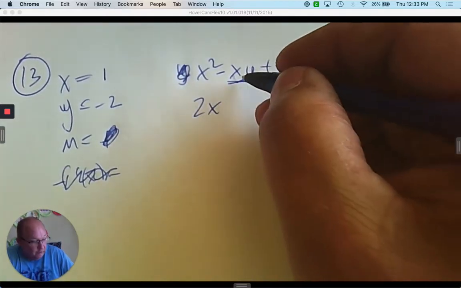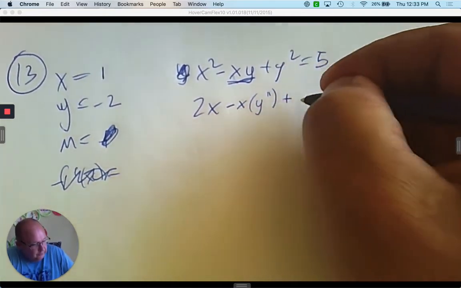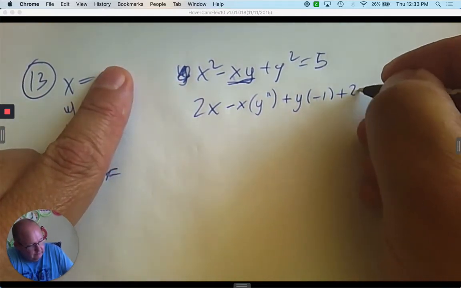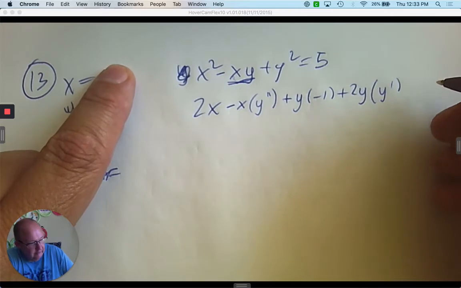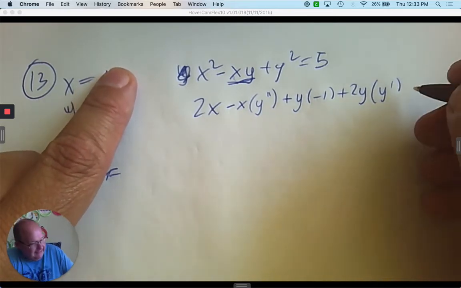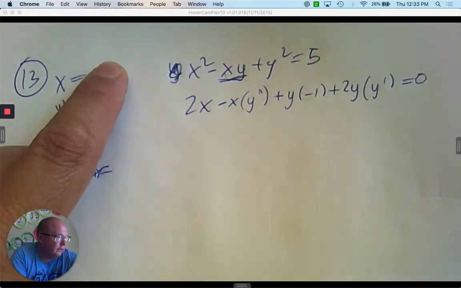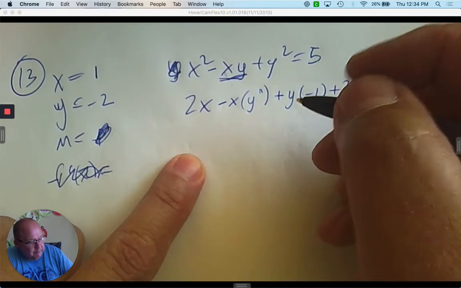It's okay. So the first times the derivative of the second plus the second times the derivative of the first, and then we have 2y and that derivative, and then the derivative of 5 is 0. Oh, I knew this was going to happen. So now we're going to get y prime by itself.